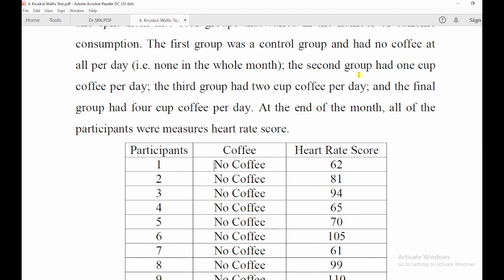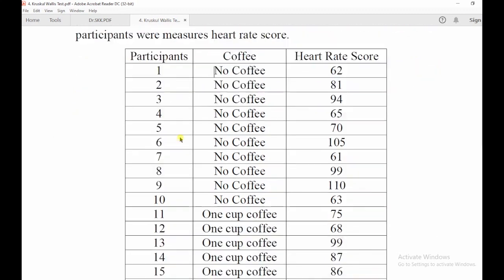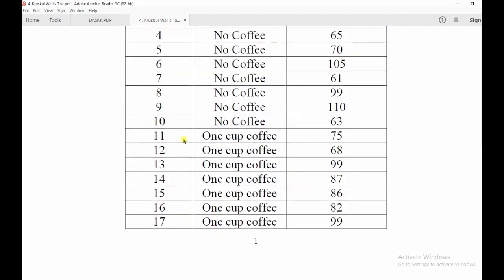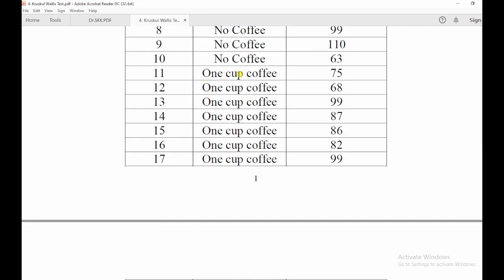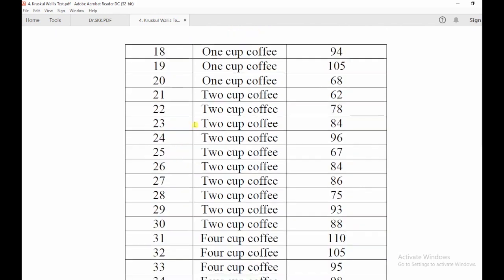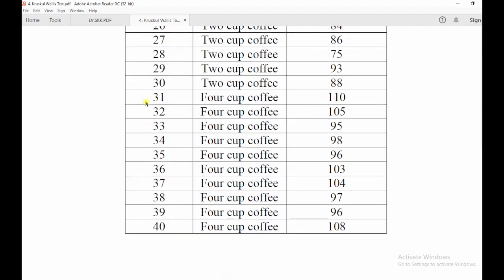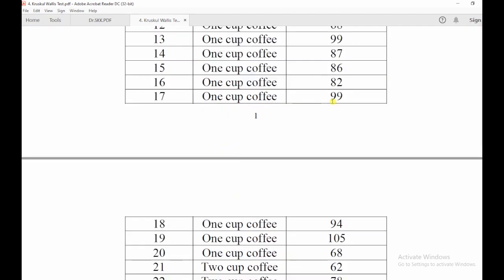The second group had 1 cup of coffee. The third group, we are giving 2 cups of coffee per day. And the fourth group, we are giving 4 cups of coffee per day, and measuring the heart rate score. This is my simple case study.